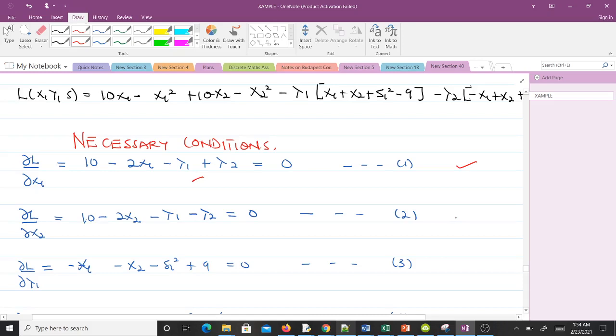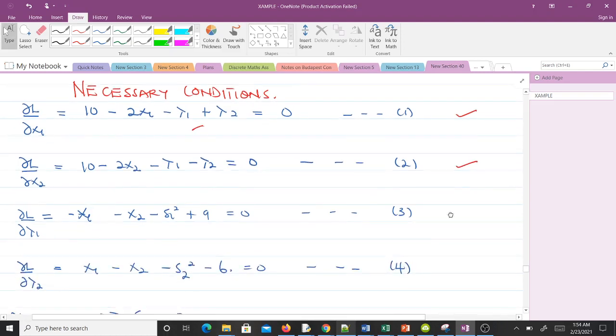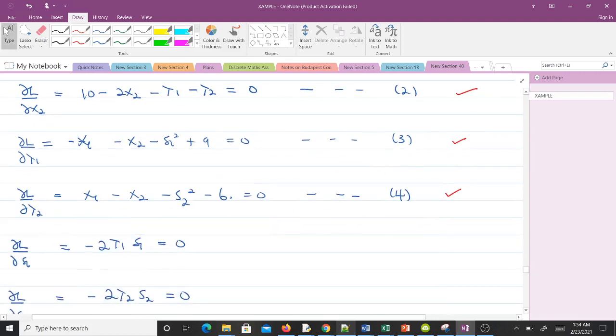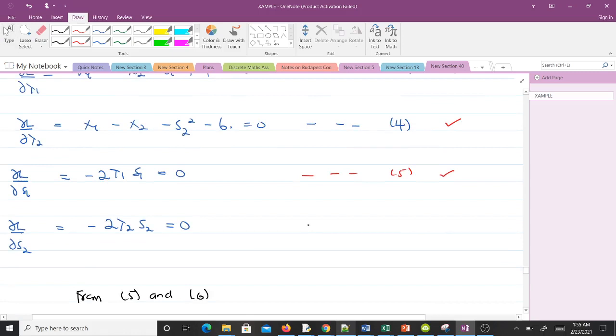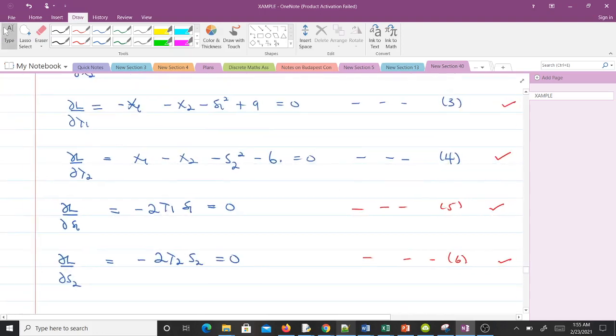So with respect to x2, you get this. We call it equation 2. With respect to lambda 1, we get this. We call it equation 3. With respect to lambda 2, this equation 4. With respect to s1, this equation 5. With respect to s2, we have this and we call it equation 6. So we are going to have 6 equations.